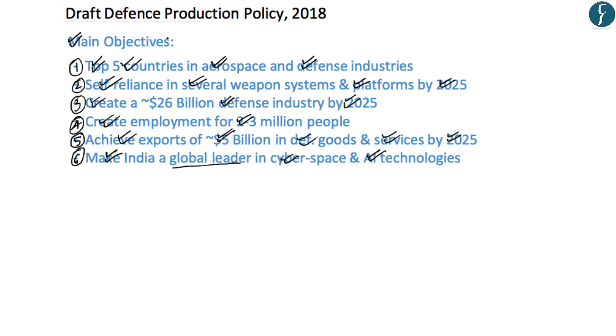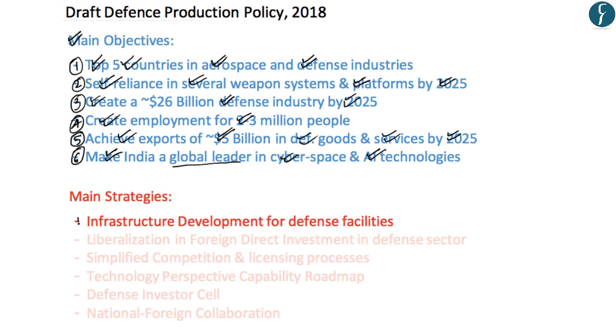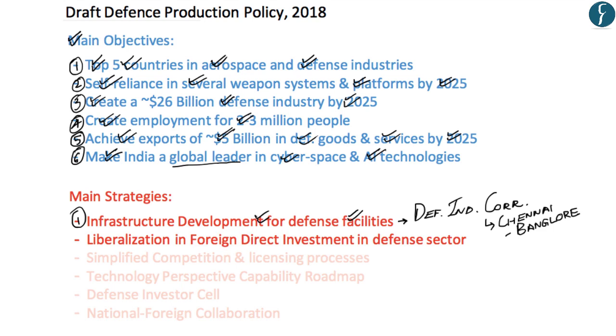Now let us understand the main strategies that the Draft Defense Production Policy has highlighted to achieve these objectives. The first main strategy of the Defense Production Policy of 2018 is infrastructure development for defense facilities, wherein defense industrial corridors, such as between Chennai and Bangalore, would be formed.